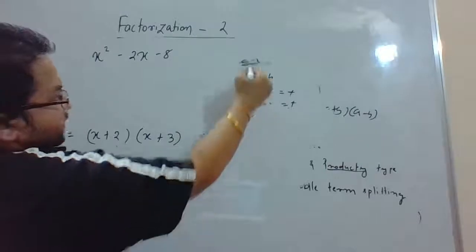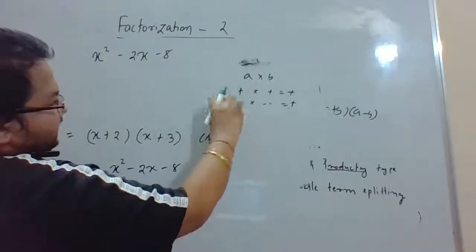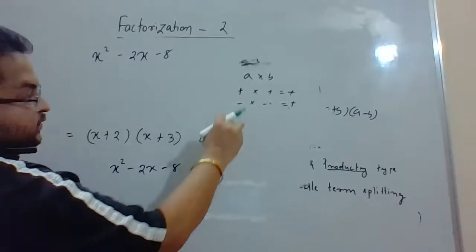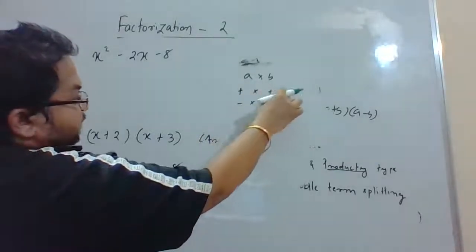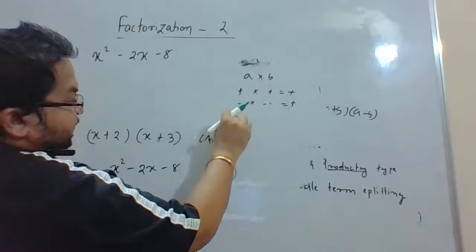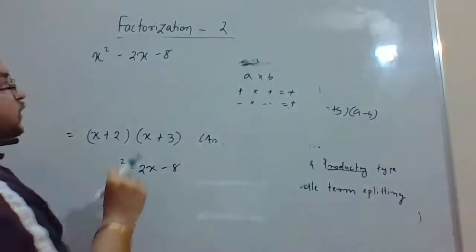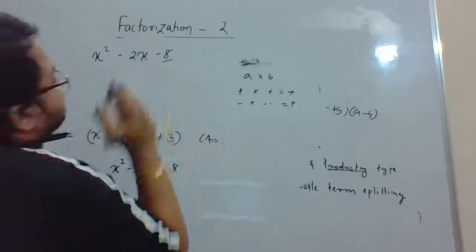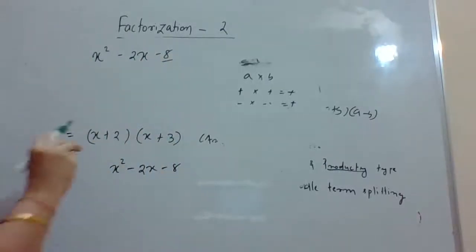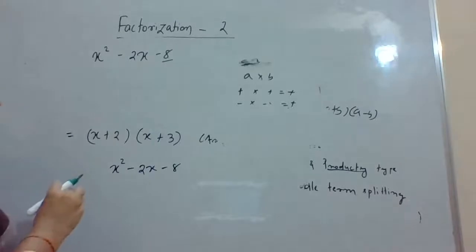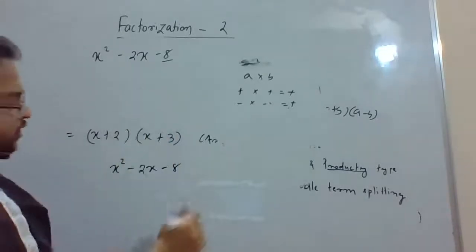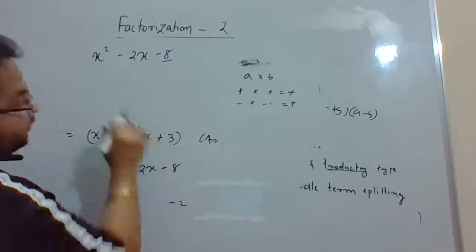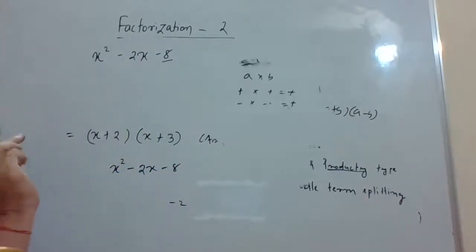So if a term is negative, then obviously one of the terms must be negative, because multiplication of two positive terms is positive, and multiplication of two negative terms is also positive. So if my final term is minus, then obviously one of the two terms that I need to split must be negative. That's an indication that you should understand here.